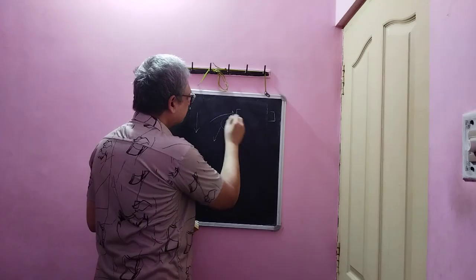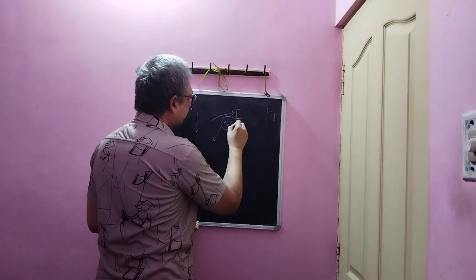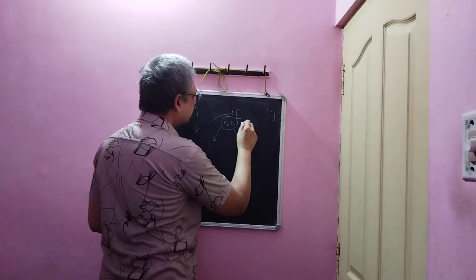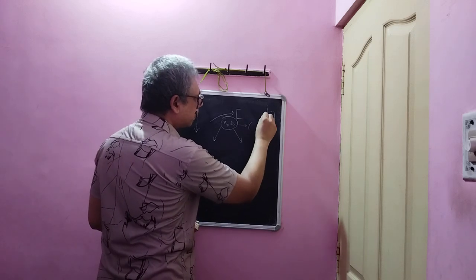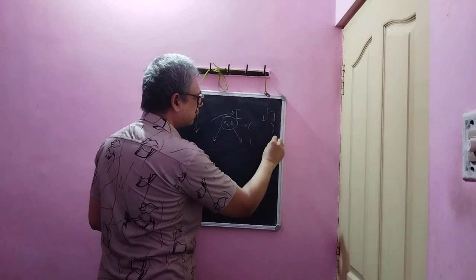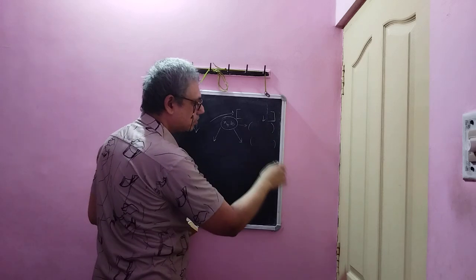So here you have n0, t0. From this you can similarly deduce the zero part, and you can deduce the entire tree.